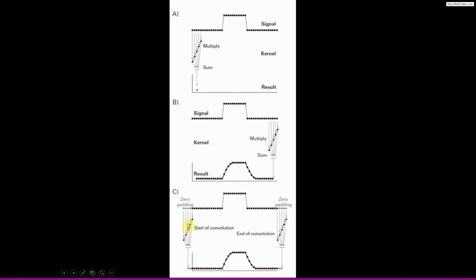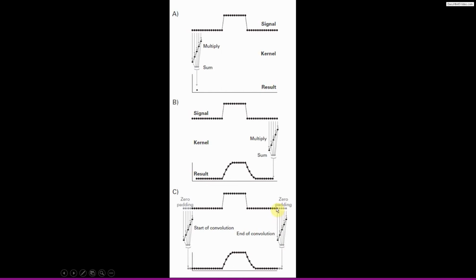Of course, because the result of convolution is plotted at a location corresponding to the center of the kernel, you can see now this means that the result of convolution is actually going to start even before the signal starts, right? And now we move convolution along, and then convolution ends when the leftmost point of the convolution kernel is aligned with the rightmost point of the signal.